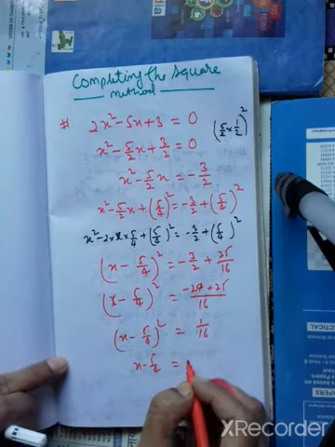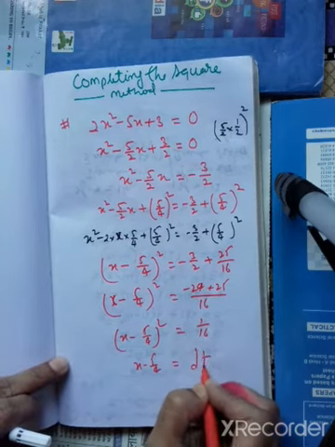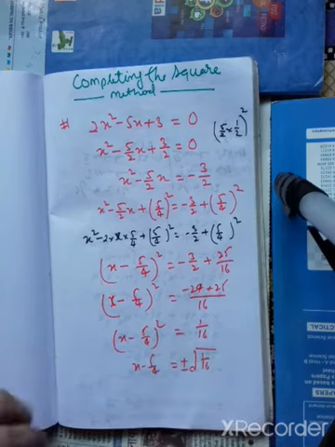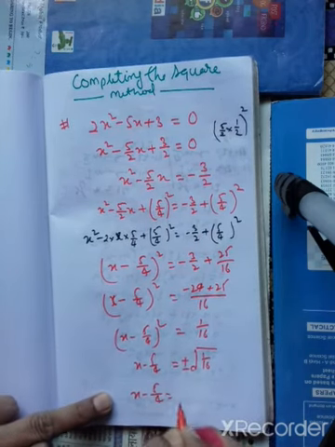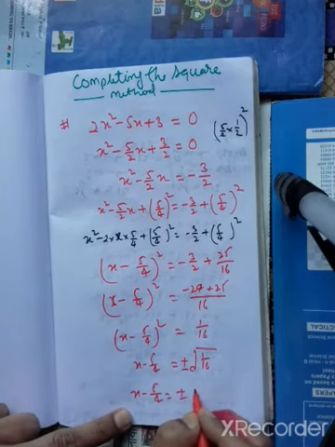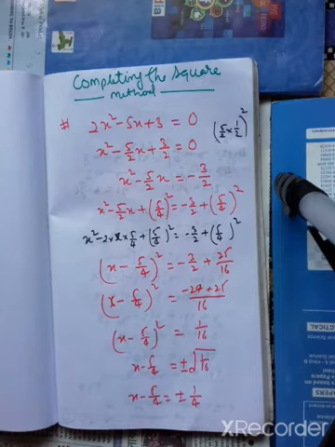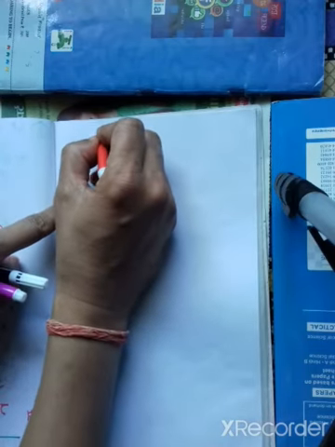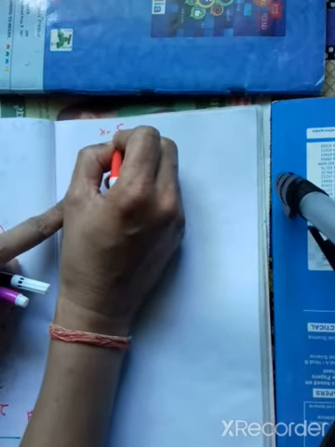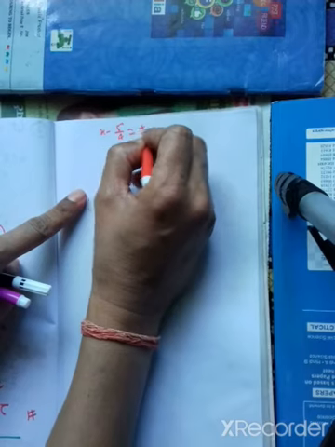To remove the square, we will take the square root of the other side with plus minus sign. So x minus 5 by 4 equals plus minus 1, since the square root of 1 is 1 and the square root of 16 is 4, right? Then what we got is x minus 5 by 4 equals plus minus 1 by 4.